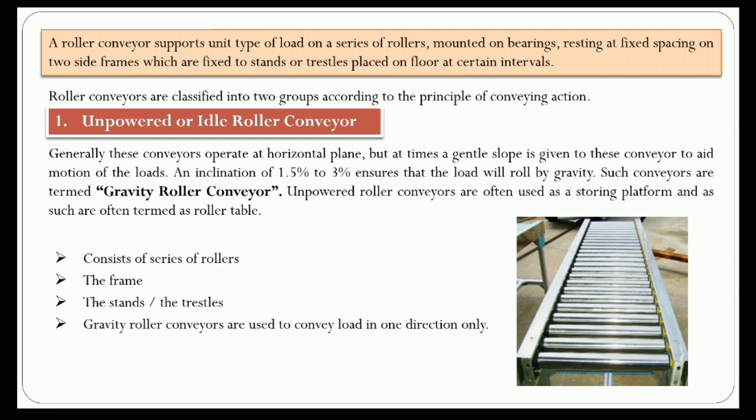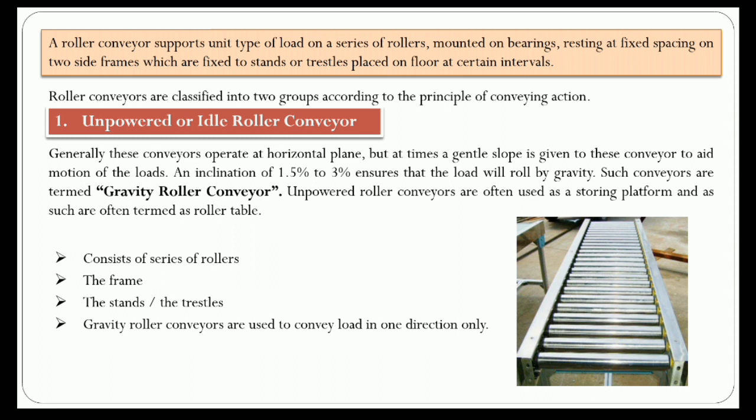So it is very important to know what types of roller conveyor are available nowadays. Basically we can classify the roller conveyors into two different sections. This differentiation is done according to the principle of conveying action. Number one is the unpowered or idle roller conveyor, and another one is the powered or live roller conveyor.